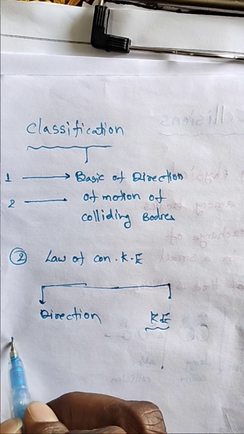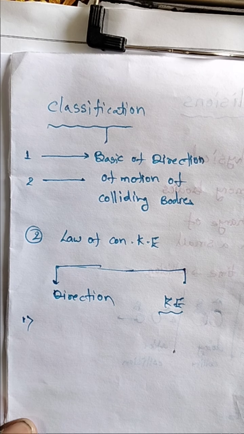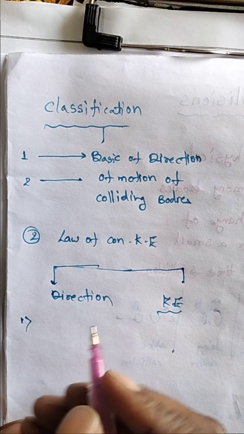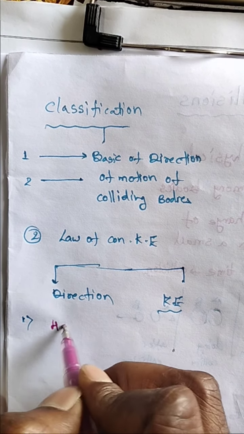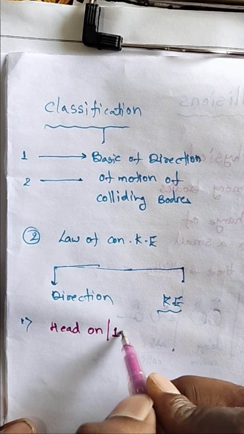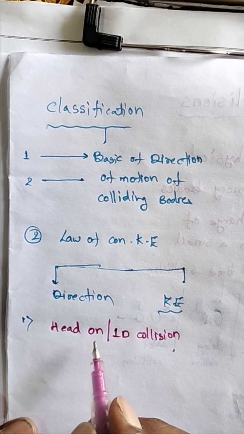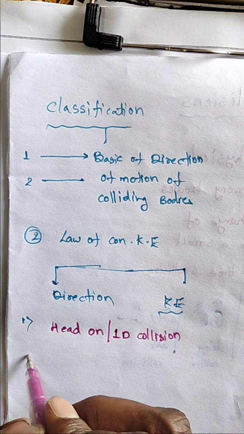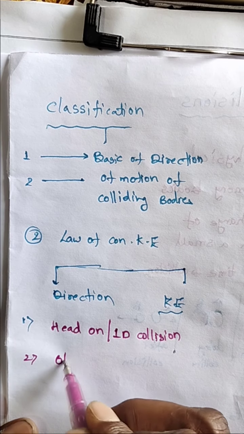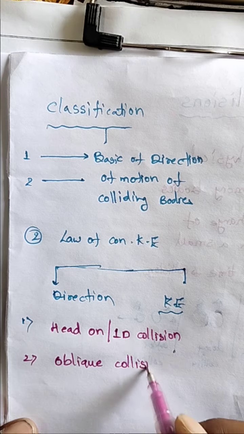In the one that depends on direction, how many types? Two types. One is head-on collision or one-dimensional collision, and the second one is oblique collision.